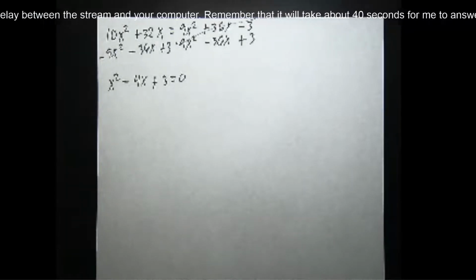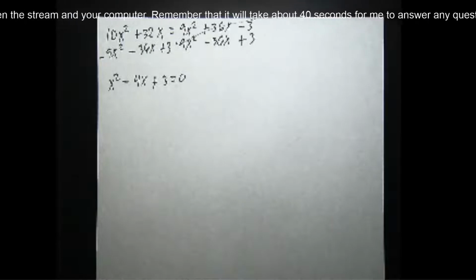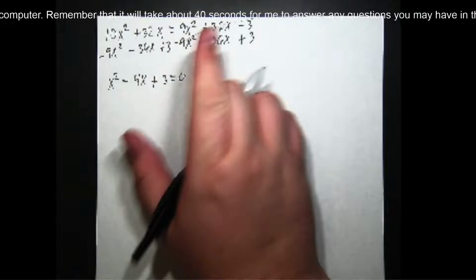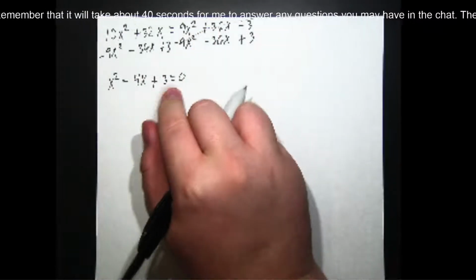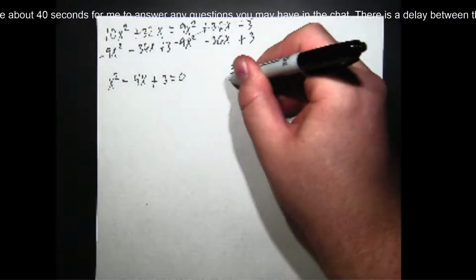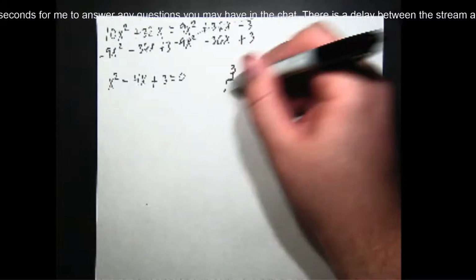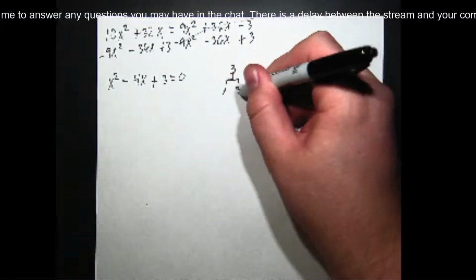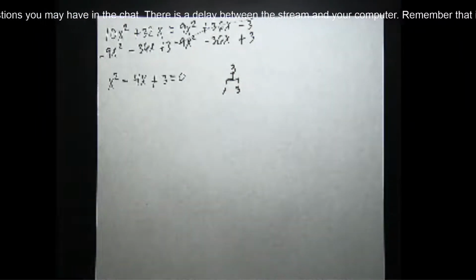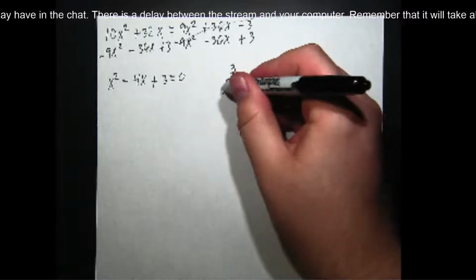This is something that would be pretty easy to solve if we factor it. So, do our AC method. A is 1, C is 3, AC is 3. And lucky for us, there aren't too many factors of 3, just 1 and 3. So we want to get this equal to negative 4.